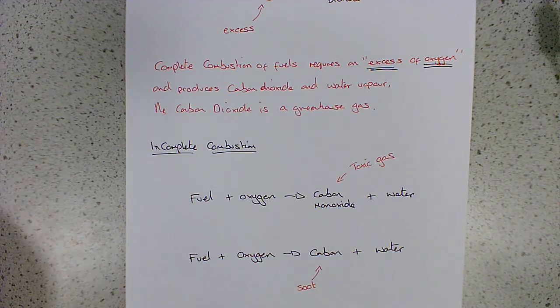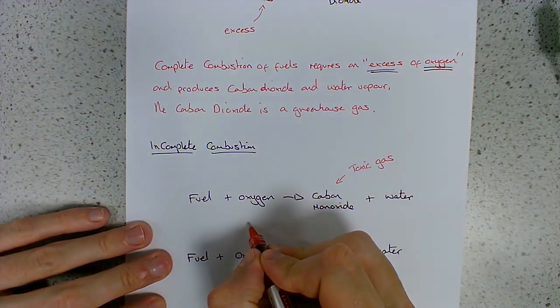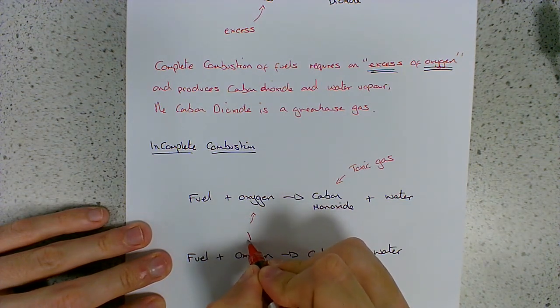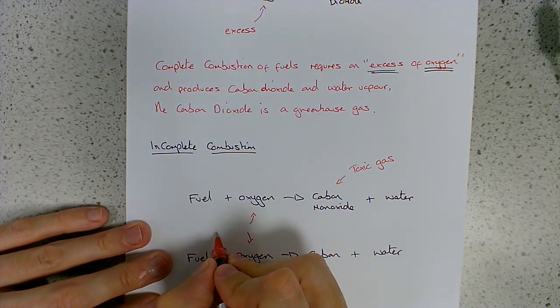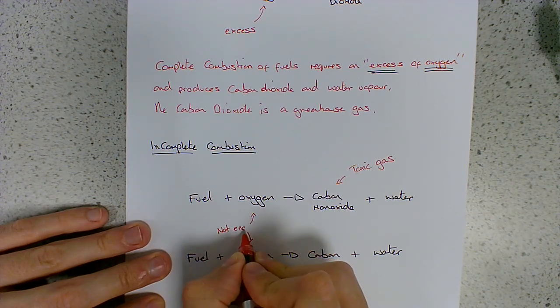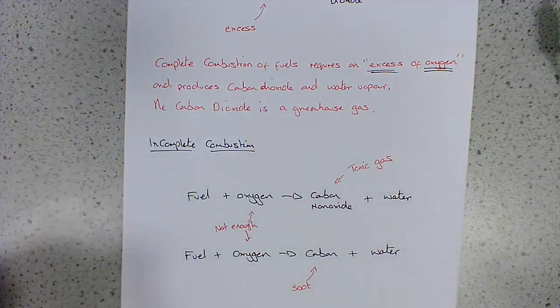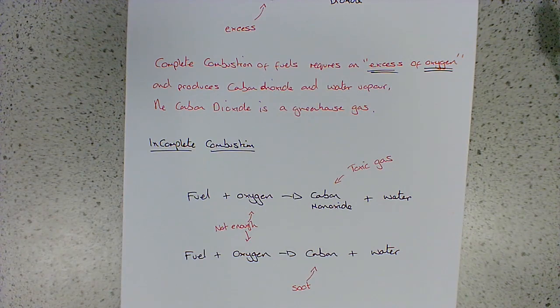Now, the reason both of these reactions happen is because there's not enough oxygen. Now, importantly, it isn't no oxygen. If there was no oxygen, there'd be no reaction whatsoever. There is oxygen, there just isn't enough.